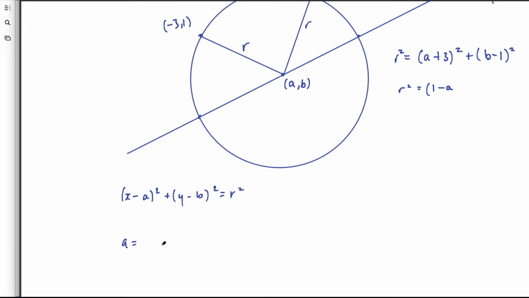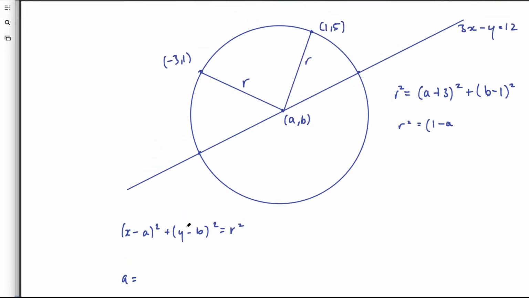So A is equal to 12 plus B divided by 3. And then B is equal to 3A take 12.